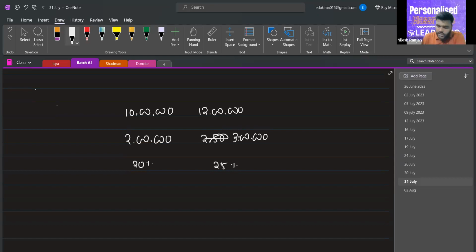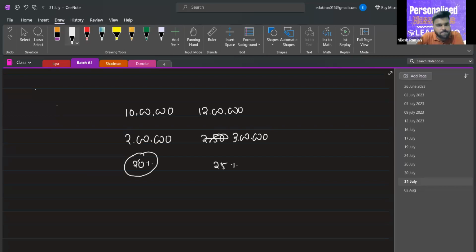Now, in the previous year, our employee benefit expenses in relation to revenue from operation were 20%, and in the current year they are 25%. It means that our expenses have increased more than our revenue.